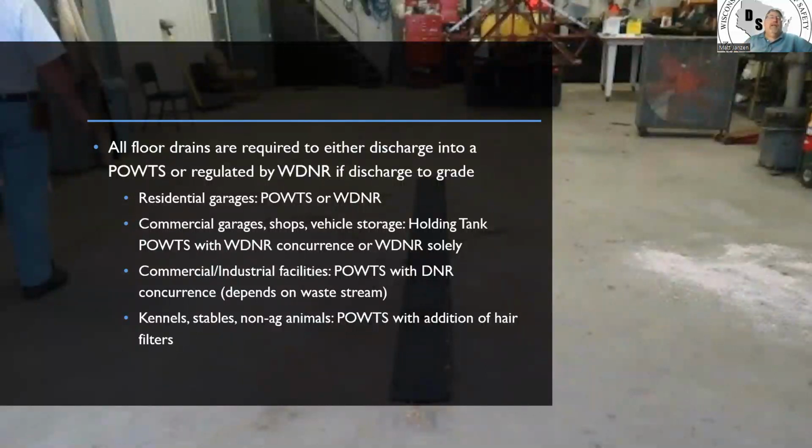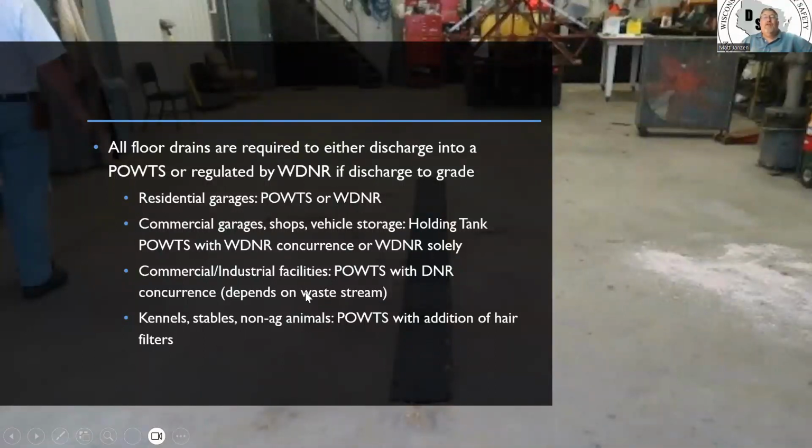If the wastewater going into it is not contaminated with petroleum products, and we believe that the wastewater is not going to be a detriment to an in-ground system, with DNR concurrence, the DNR may say, yep, you can go into a soil-based system, or the DNR will go back up to the one above and say it's concurrence only to a holding tank. So the DNR will make that call.